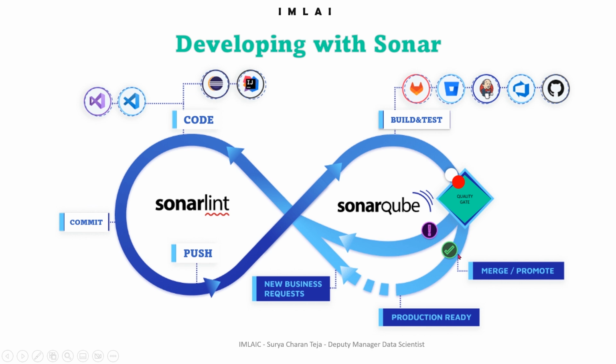A passing green quality gate means that code meets your standards and is ready to be merged. Do you see that? If it is a failed one, a failing red quality gate means that there are issues to address, then immediately it will go back to the IDE.